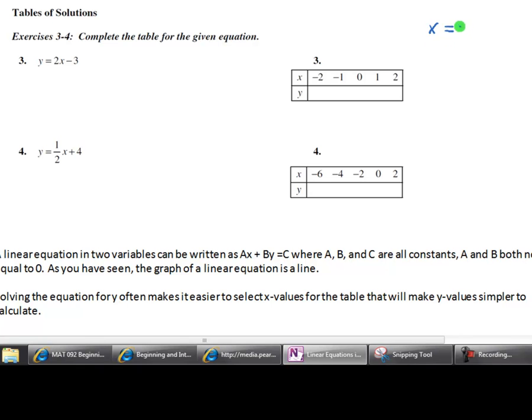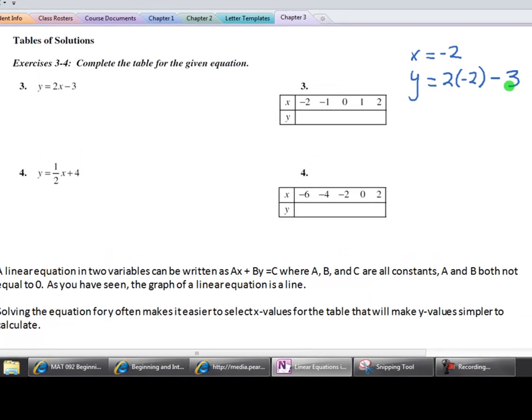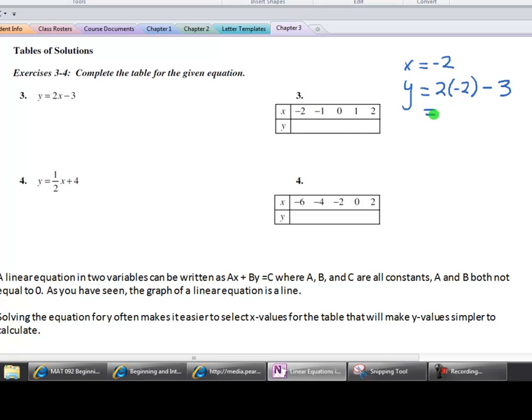So we'll start with x equals -2. Substitute that into our equation and solve for y. And when we do that, we get y equals -4 minus 3, or y equals -7. We'll just write that into our table.